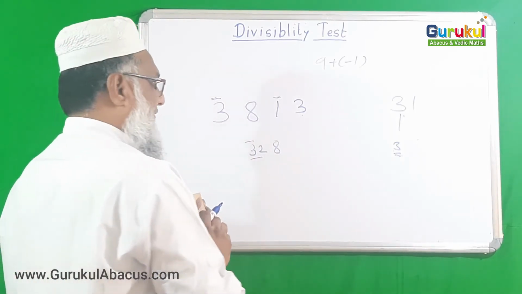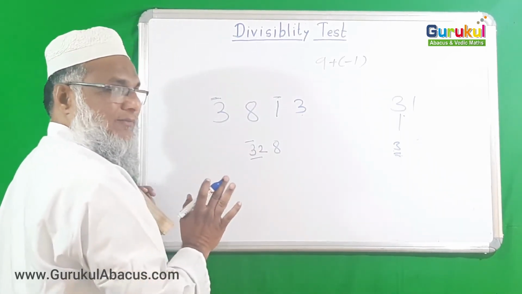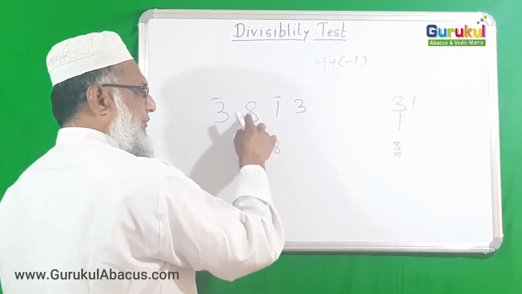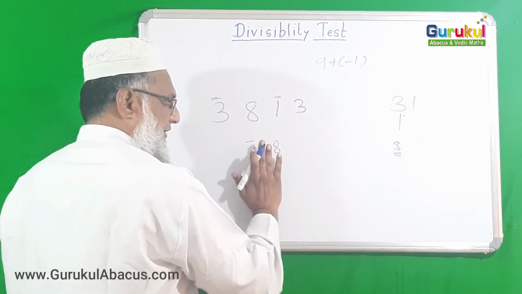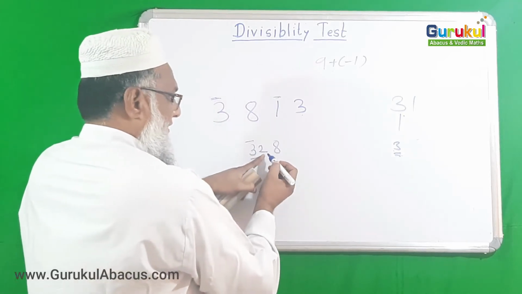Just keep in mind what I told you. If it were one digit, then there was no problem. If it became two digits, 24 and 8, 32 became. Now while writing 32, let the 3 be with a bar. That's it only.